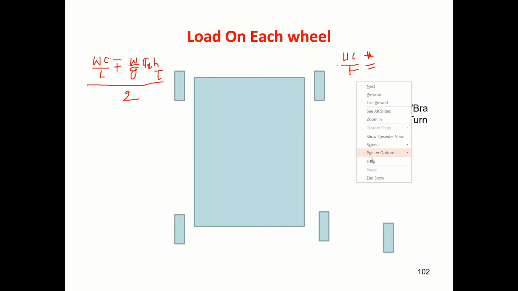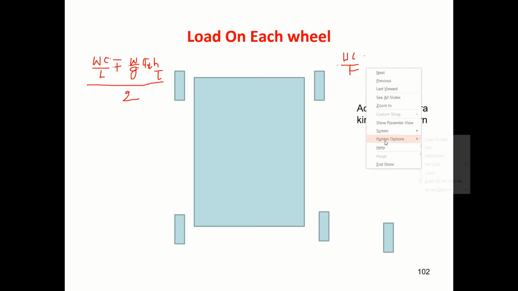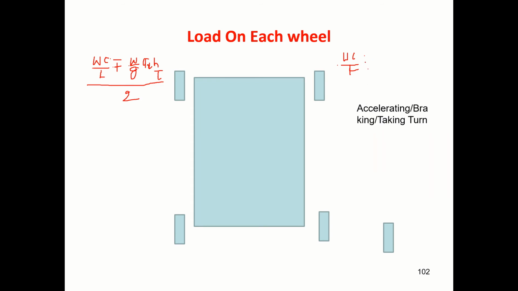Minus plus W by G AX H by L, now divided by 2, because it is total axle, so that is the reason why I am going to write by 2.